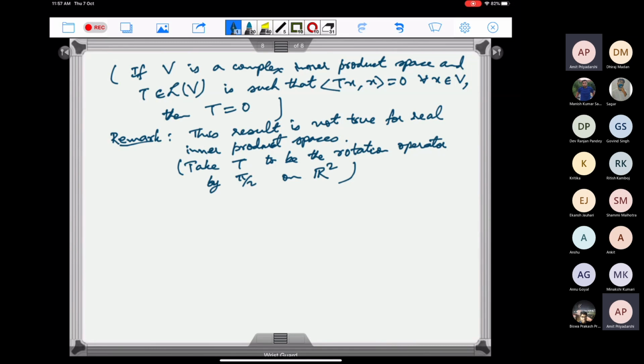And why is that? It follows from the polarization identity.